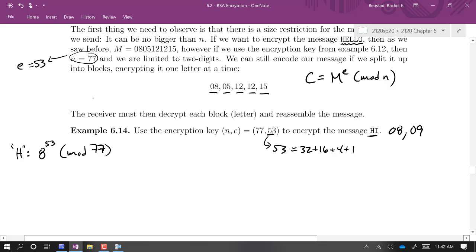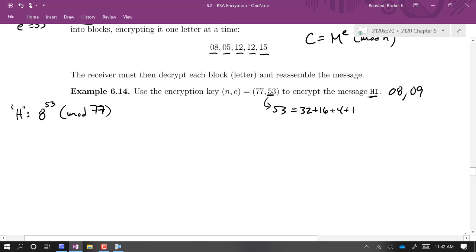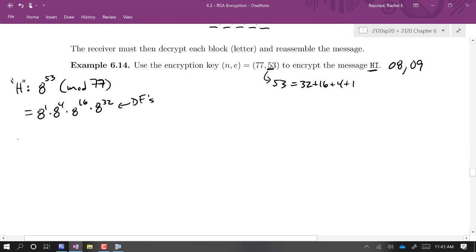And so 8 to the 53 is going to be equal to 8 to the first times 8 to the fourth times 8 to the 16 times 8 to the 32. Those are our desired factors. We're going to make our little table. We're going to do everything mod 77.